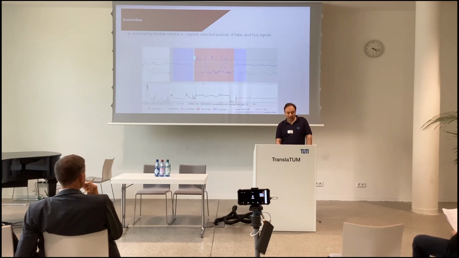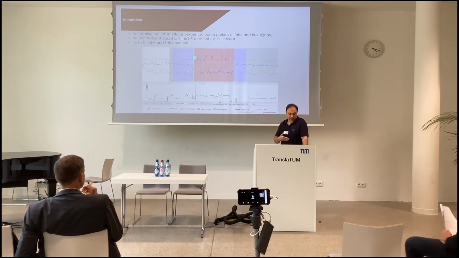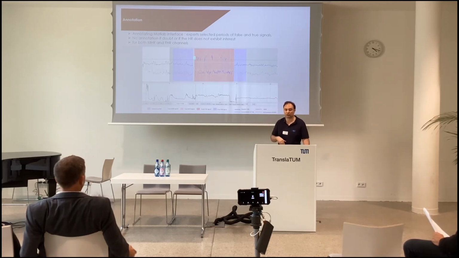We have made a MATLAB interface to annotate the recordings. So we can select the periods of true FHR and periods of false FHR. And when we don't select anything, it means either we have doubt or this is not interesting.